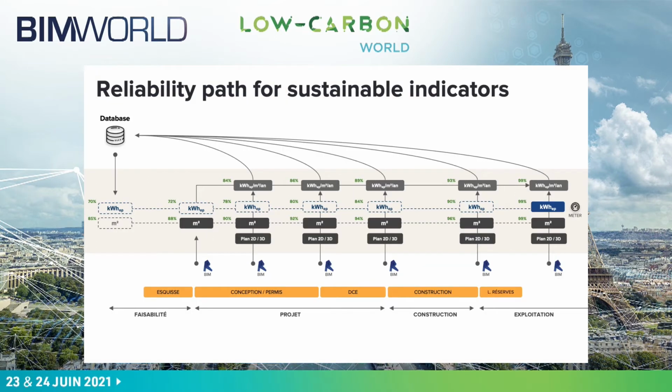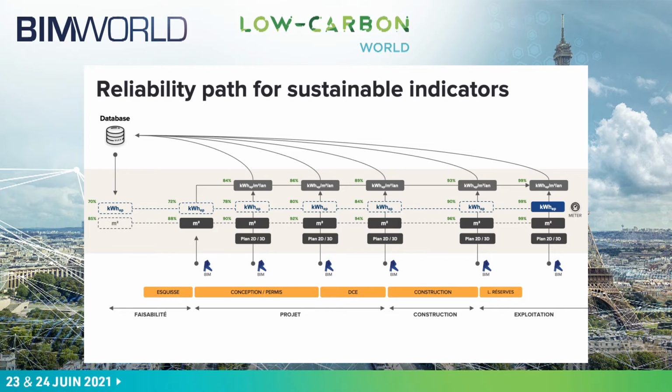This graph shows you a part of the building life cycle and how data should be managed. Structuring only a few green indicators at the beginning is important. It will allow you to successfully deploy the pipeline and gradually spread the data culture in your company or in your department.